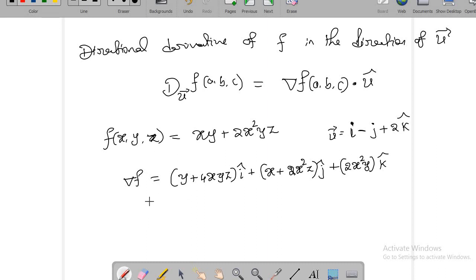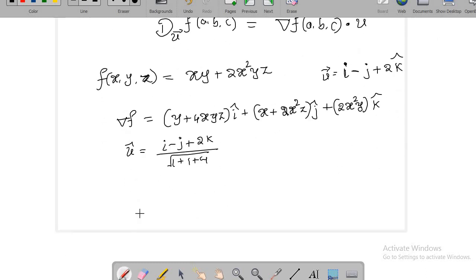Okay, so this is the gradient of the function. And you know what is u bar, so let me find u cap, that is i minus j plus 2k divided by its magnitude, that is square root of 1 plus 1 plus 4, that is root 6. So when you take grad f dot product with u cap, the ith component here is multiplied with the ith component here, and 1 by root 6 is common.